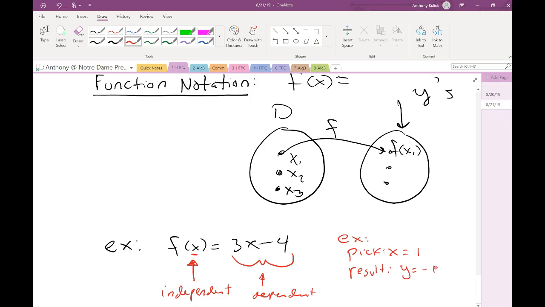So if I pick x to be positive 1, the result then is that the y would be negative 1. Everybody can see that? If I pick 1 for x and plug that into the equation, the result is negative 1. So the y value depends on the x value. But I can pick any x I want to plug into that equation, right?